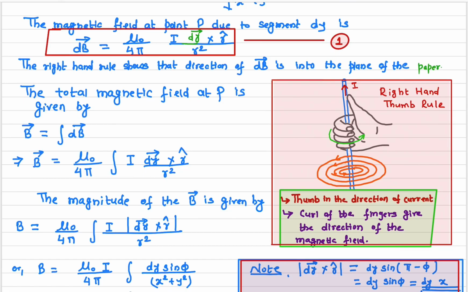That means if I have to find the magnetic field at this point, it will be this way along the tangent. If I have to find the magnetic field at this point, it will be tangent along this one. That means the magnetic field due to a current carrying straight wire encircles the wire, it's a loop around the wire.